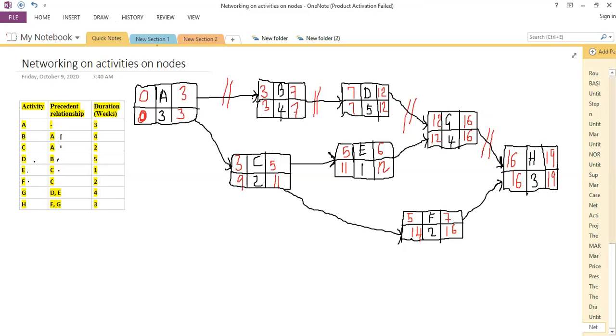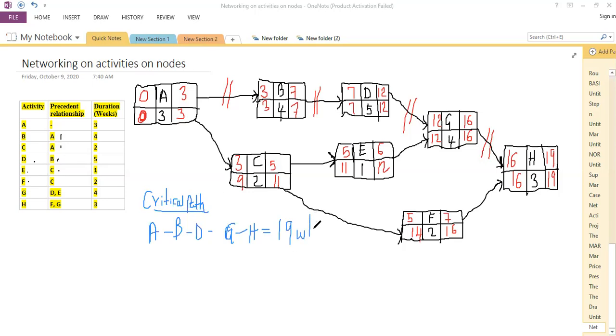So we can say now the critical path for the project is path A, B, D, G, H. How long is it taking us? 19 weeks to complete the project.